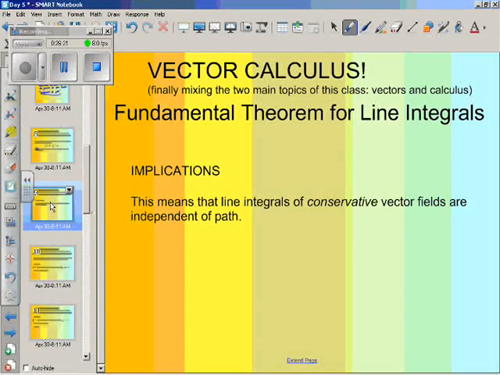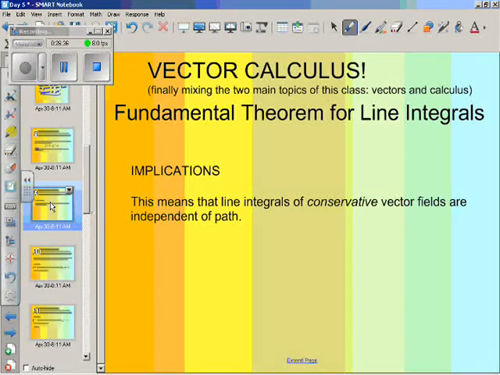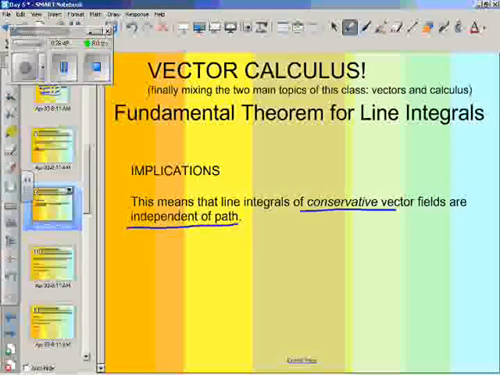And so we know that conservative vector fields are gradients of other functions, and the fundamental theorem tells us that if we take a line integral of the gradient of some function, it only depends on the endpoints. That tells us absolutely that every conservative vector field is independent of path.